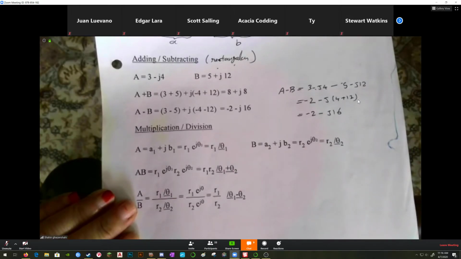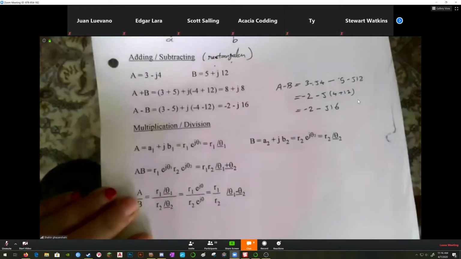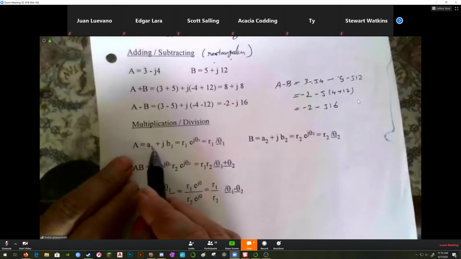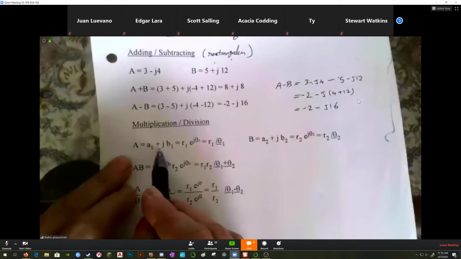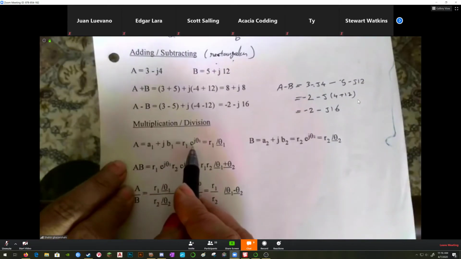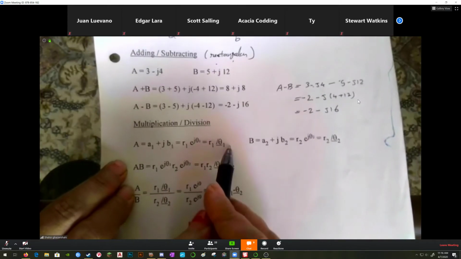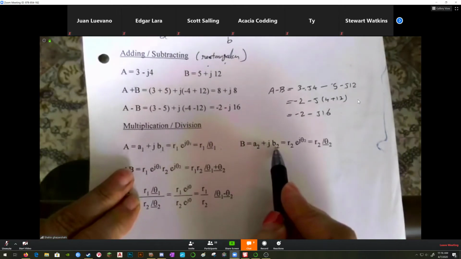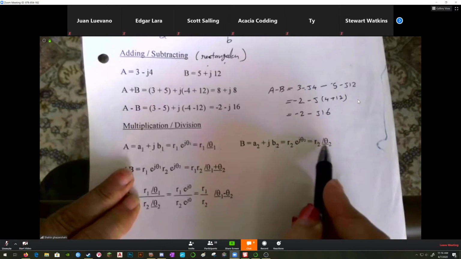But if you have rectangular, you don't need to change to exponential either, if you don't want to. So let's just generally show you. Imagine I gave you these numbers. A, we will do numerically later, like this. Correct? And B is another number. This is rectangular, this is exponential form, correct?